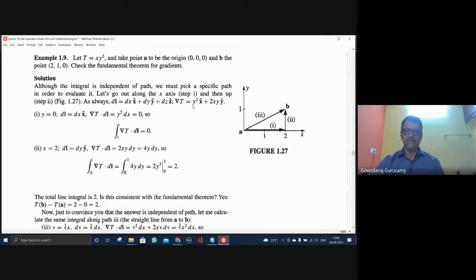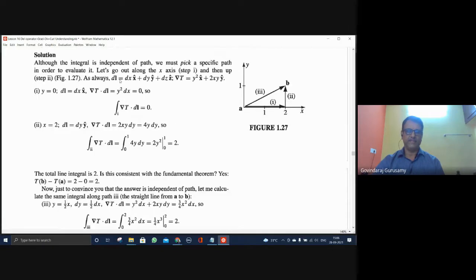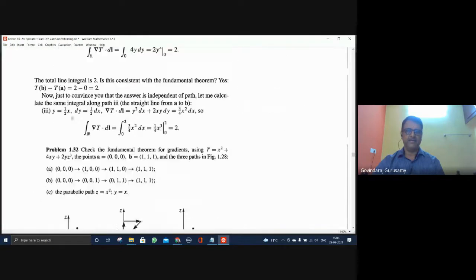The dz component is not there. So del T dot dl is 4 dy from 0 to 1; substituting, we get 2. This is the value of the left hand side by moving from path 1 to path 2. The total line integral is 2 by this process. We have done this systematically.